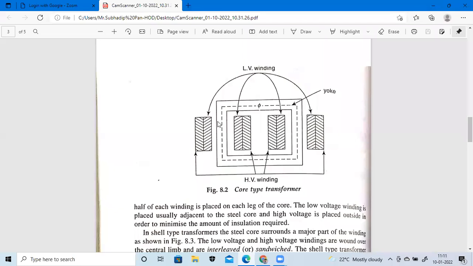So this dotted line shows the path of the flux flow, and that is known as the core. In total, this one is known as the core, where the flux flows through this magnetic core.